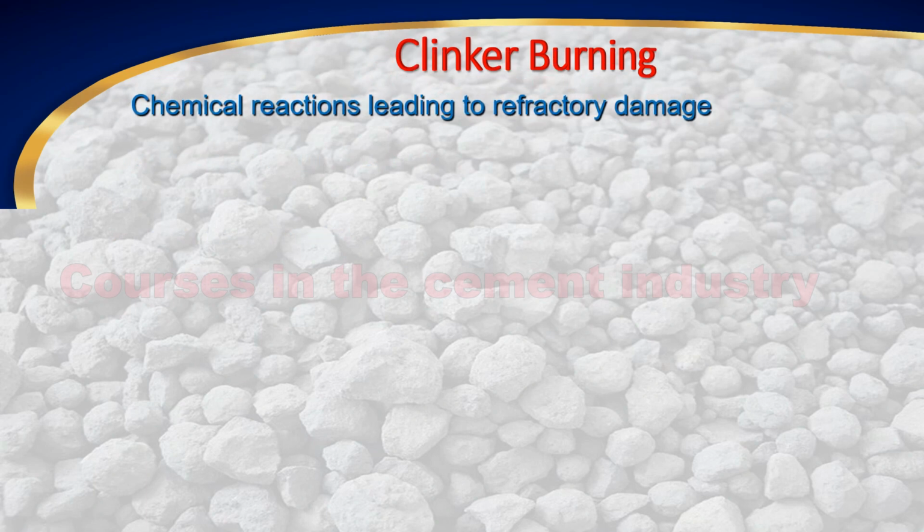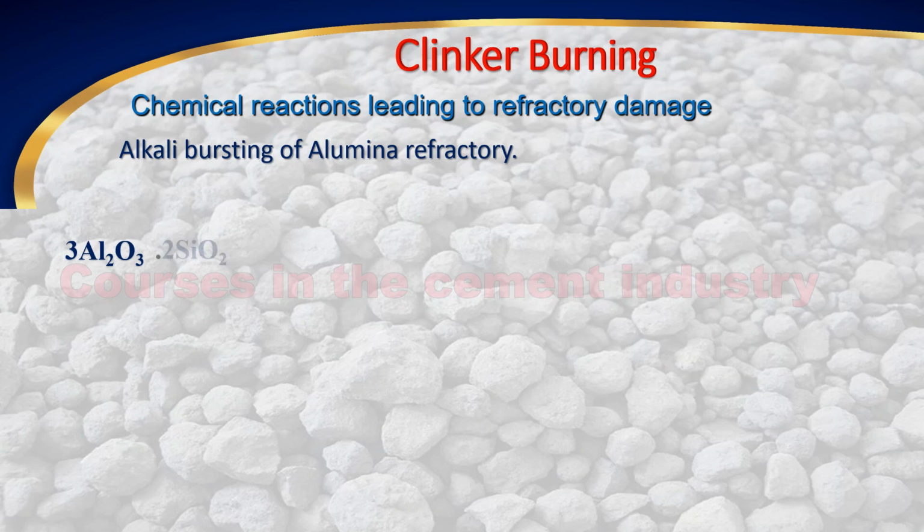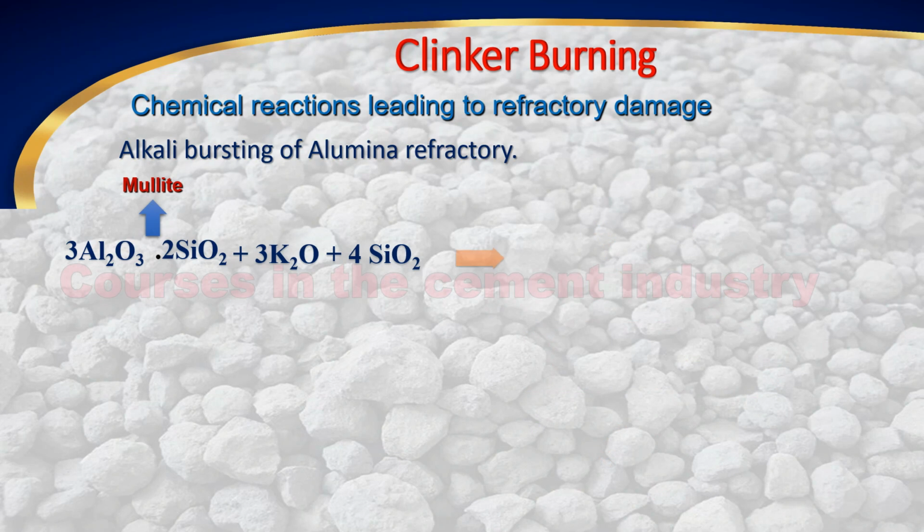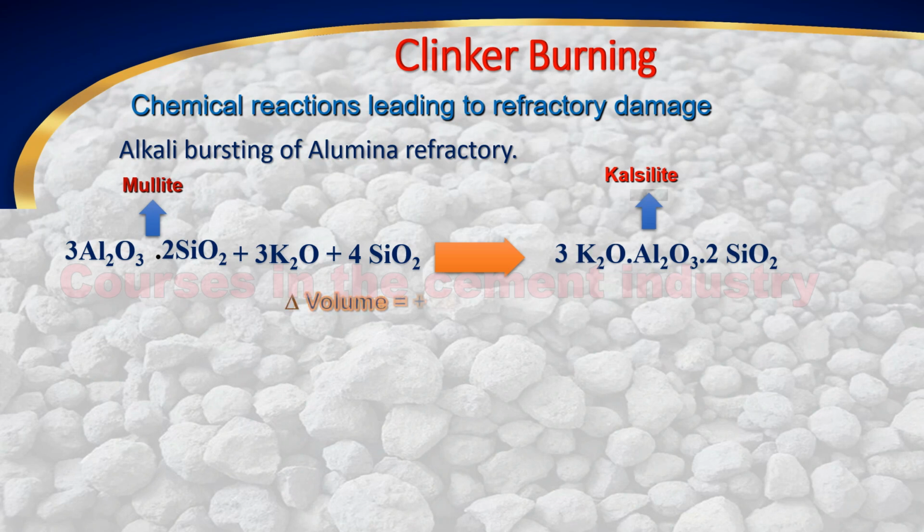Chemical reactions leading to refractory damage. Alkali bursting of alumina refractory. 3Al2O3·2SiO2, called mullite, plus 3K2O plus 4SiO2. Result: 3K2O·Al2O3·2SiO2, called kalsilite. Delta volume equals plus 29%.